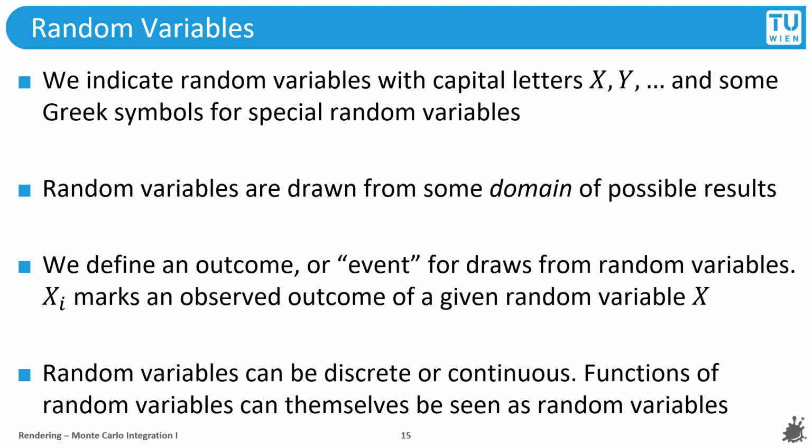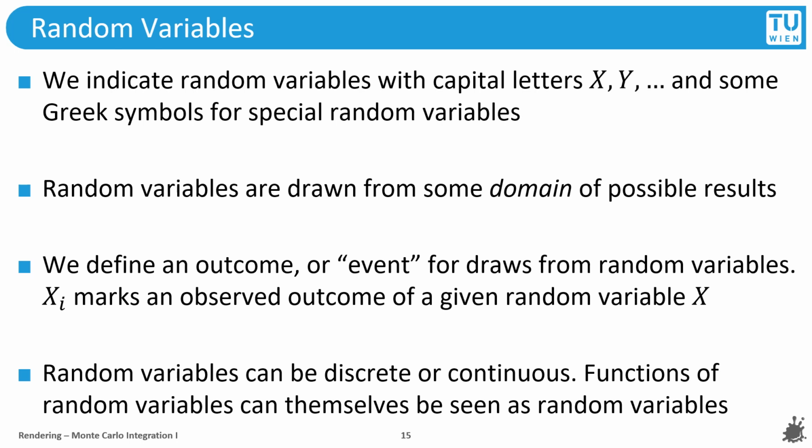Next up are random variables, and we indicate random variables with capital letters, for instance X, Y, and so on, and some Greek symbols for special random variables. Random variables are always drawn from some domain that defines the possible results that we can get back from a draw from a random variable.